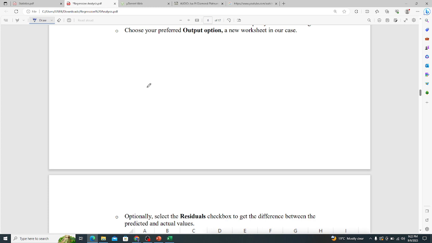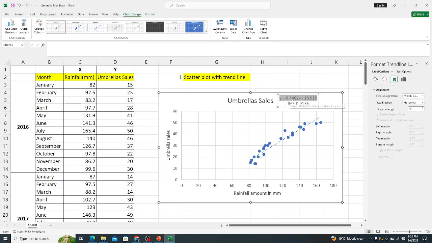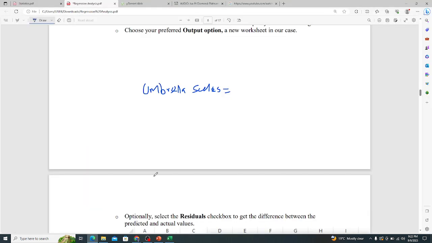We'll say umbrella sales will be equal to, okay, what value did we get? 0.4482 multiplied by the amount of rainfall.